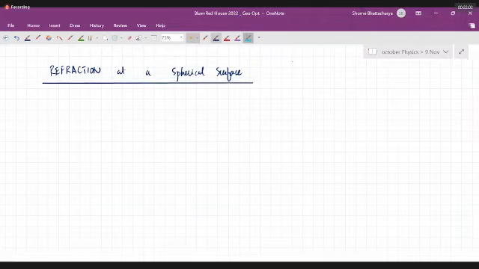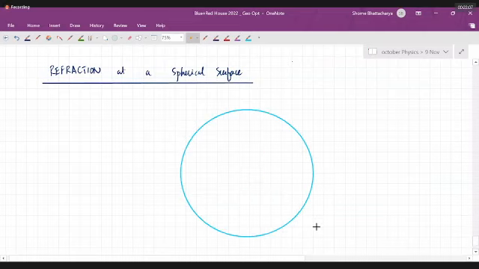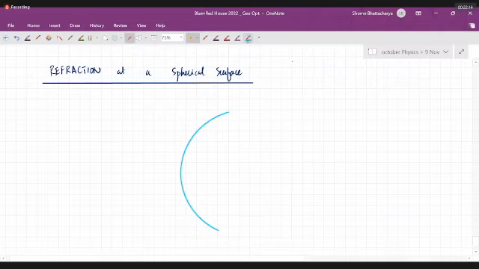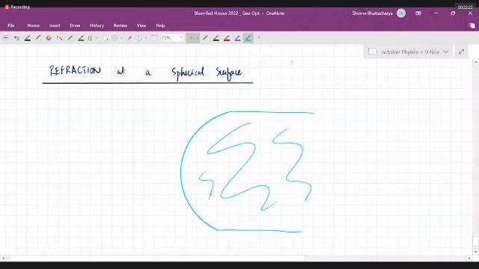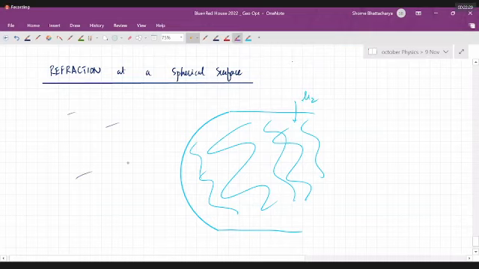Suppose we have some situation like this where we have some kind of refracting surface or refracting material of refractive index mu2, and here whatever medium is there, this has refractive index mu1, and the center of curvature of this refracting surface is, let's say, here.